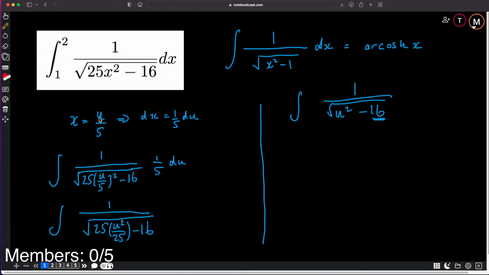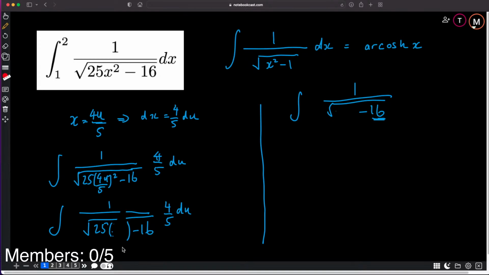Well, if instead of substituting u on 5 for x, I substitute 4u on 5, notice what happens. Let's change these terms here. In this first set of brackets, we have 4u on 5, and this derivative would also change. So now it's 4 on 5 du.